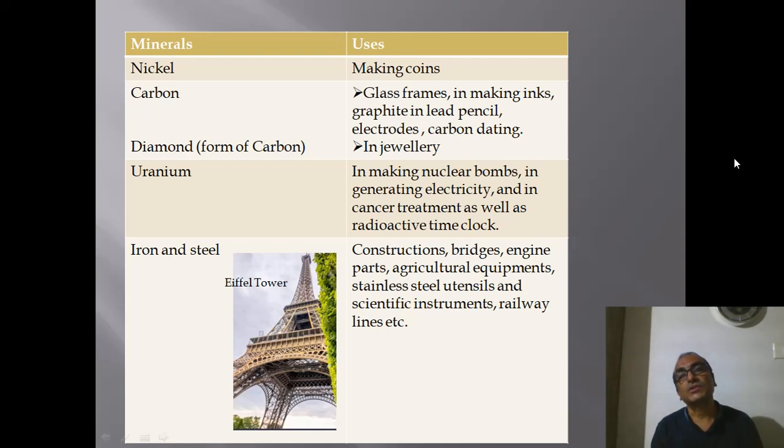It's a huge structure, and iron is used in construction of buildings, making bridges, engine parts, agricultural equipment, stainless utensils, railway lines, scientific instruments, machine parts, bodies of vehicles. In so many ways iron and steel are being used. In construction also it is used very extensively.